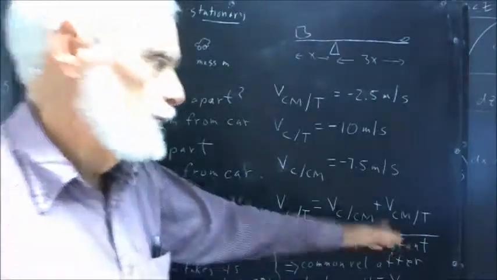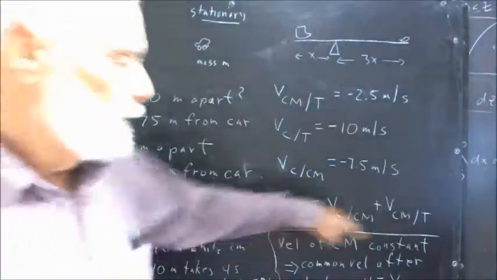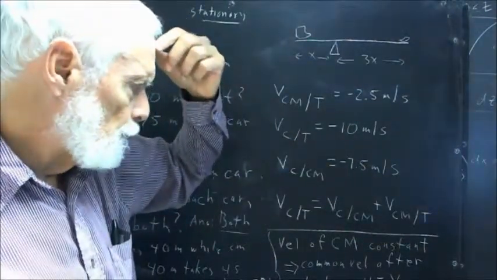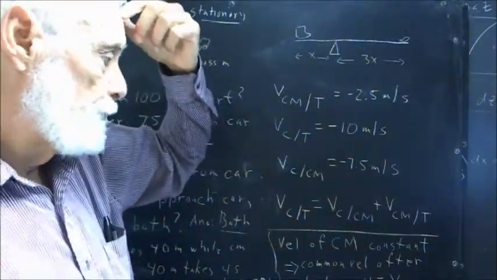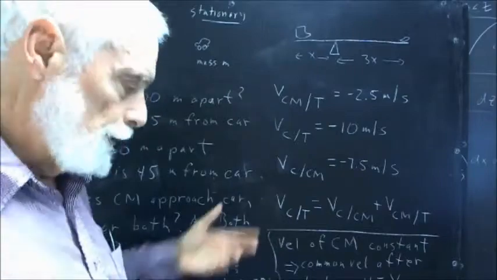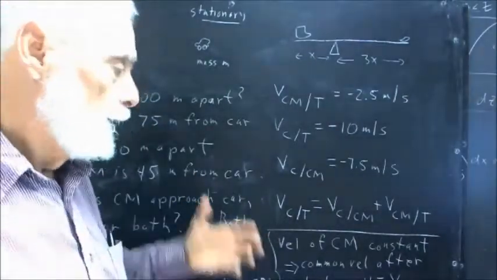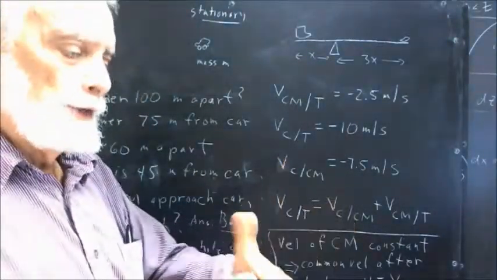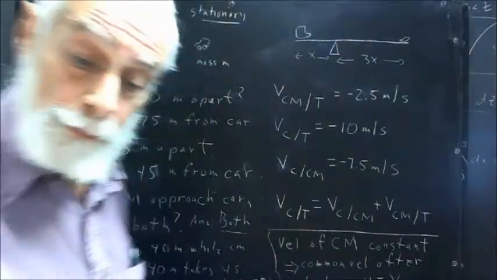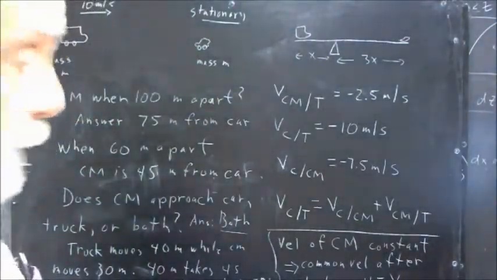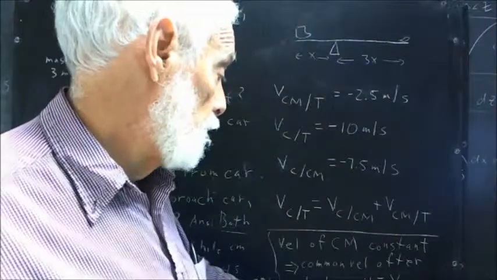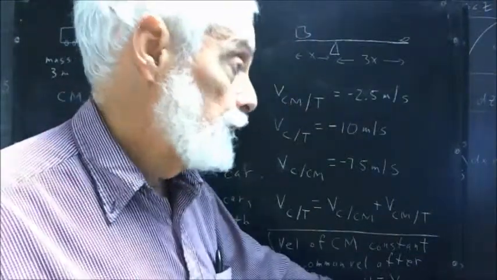This is easy to show. It's a very important property. And it comes from the assumption, of course, that there are no external forces. The only forces involved are the forces between the two objects. So the common velocity after the inelastic collision, in any case, has to be the velocity of the center of mass.